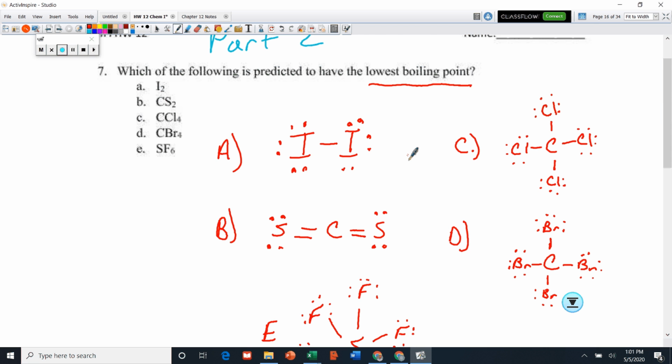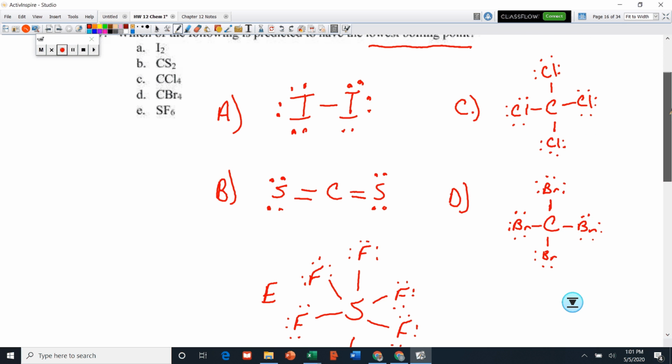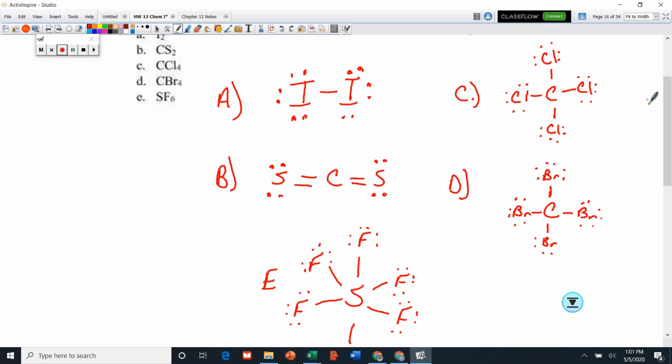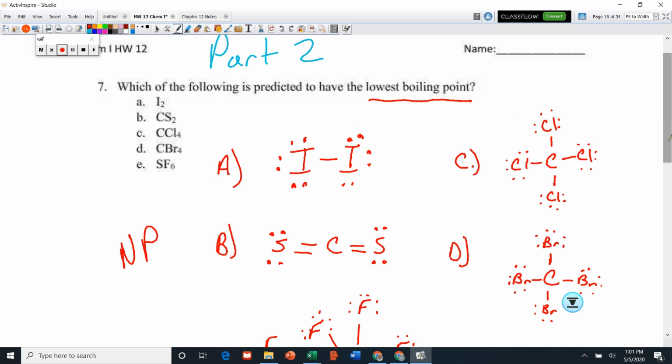Well, first thing that we can look at is that all 5 of these particles are non-polar. The next thing that we have to look at is which one is the smallest molecule? Which one has the lowest mass? So we need to look at mass as well.